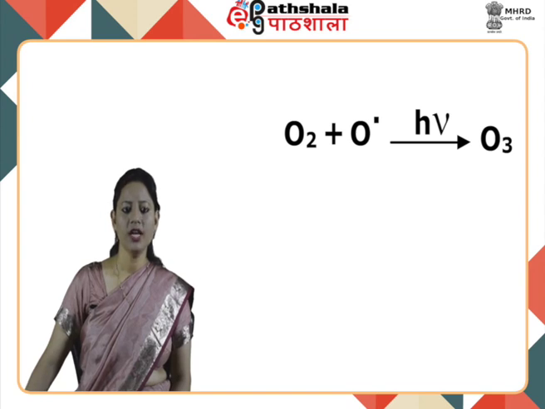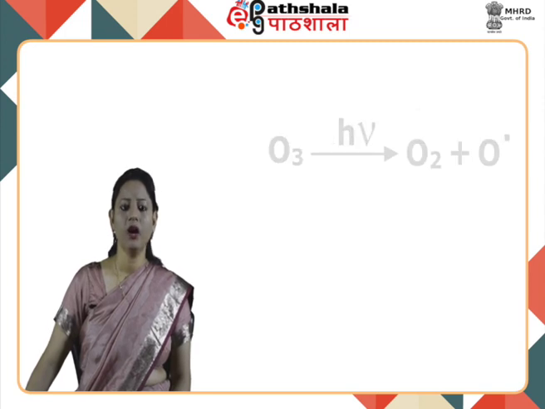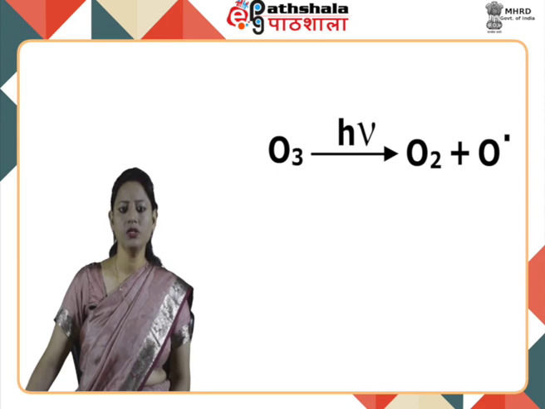So, the reaction can be represented as O2 plus O radical giving O3. Ultraviolet radiation also dissociates molecules of ozone to produce an electronically excited oxygen atom and an oxygen molecule. Here the reaction is O3 giving O2 plus oxygen radical.